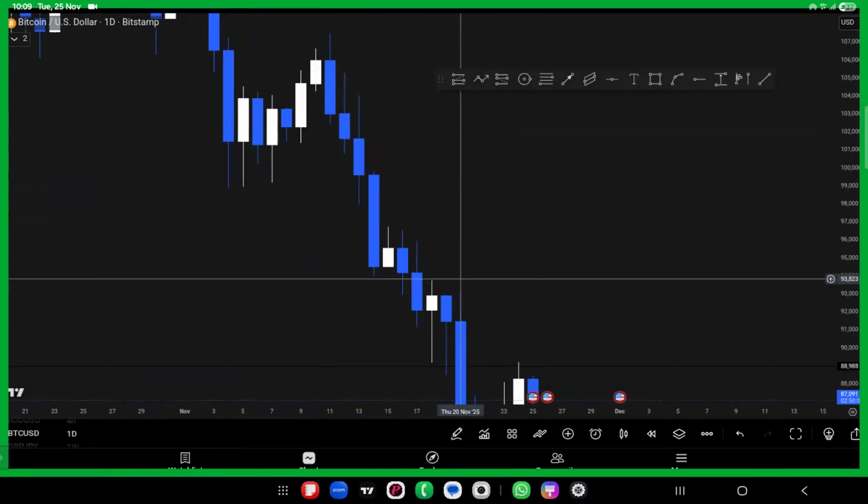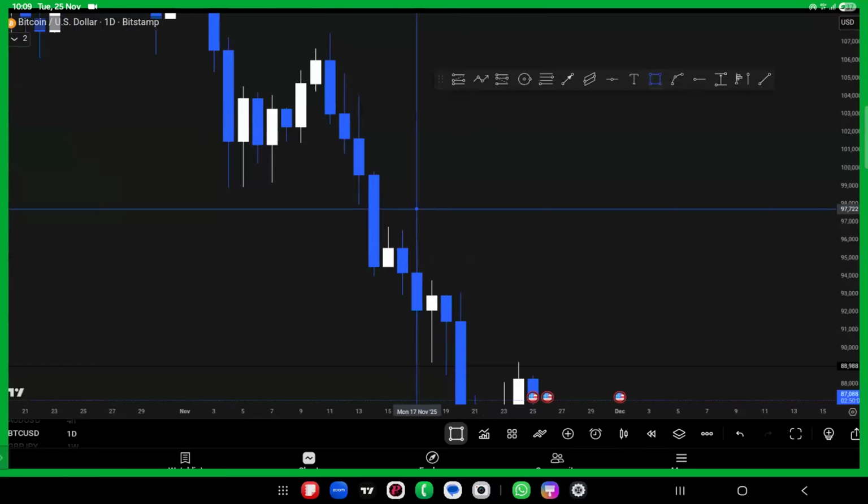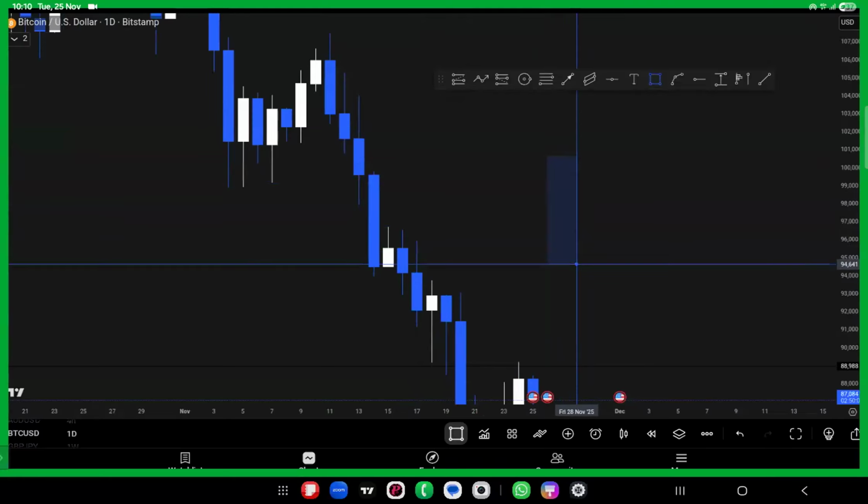A candle has four parts. All right, the four parts in the sense that in a bullish candle, this is what you most likely see.